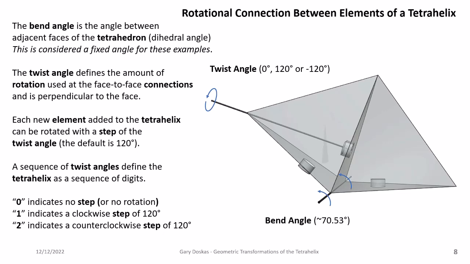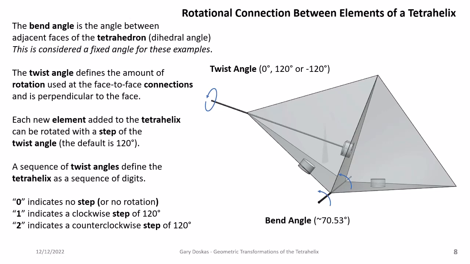So now I'll just describe the basic rotational connection that I use between the elements of a tetrahelix. I'll start with the bend angle, which is the angle between adjacent faces of a tetrahedron, or the dihedral angle. This is considered fixed in these examples. It can be modified, but it's currently not supported.